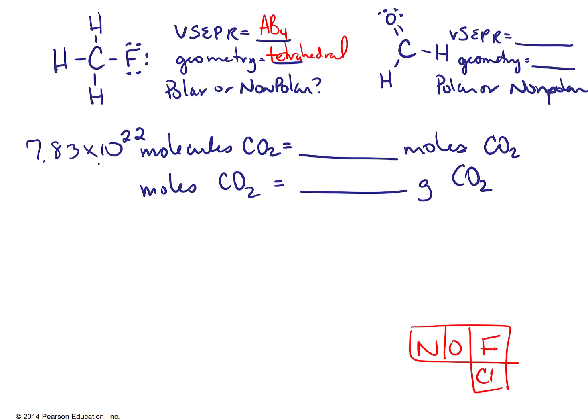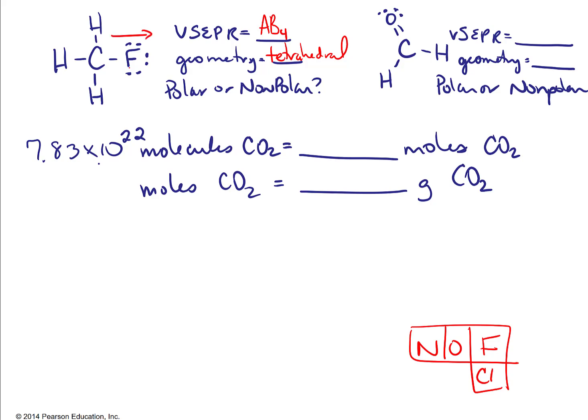Chlorine. If you only see one of those, it's polar. Otherwise, if you have more than one, you have to look at how it's arranged. Are they evenly arranged like carbon dioxide, or are they all on one side, like a linear structure? So in this one, because it's tetrahedral, fluorine is the most electronegative element that exists.